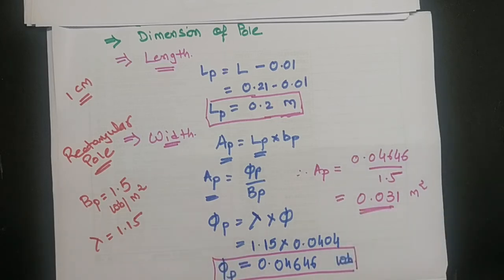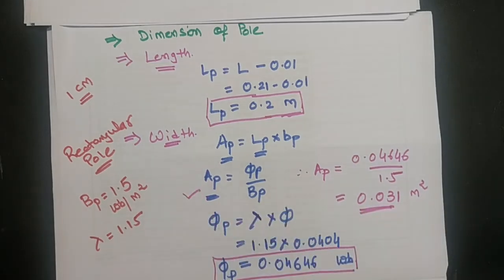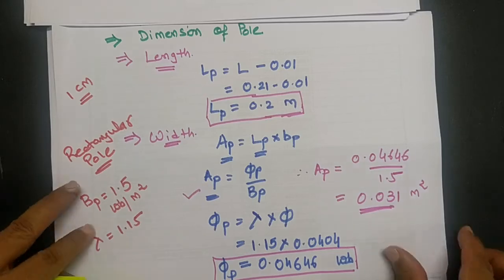So this is available. Now we can use this equation to calculate width of the pole.